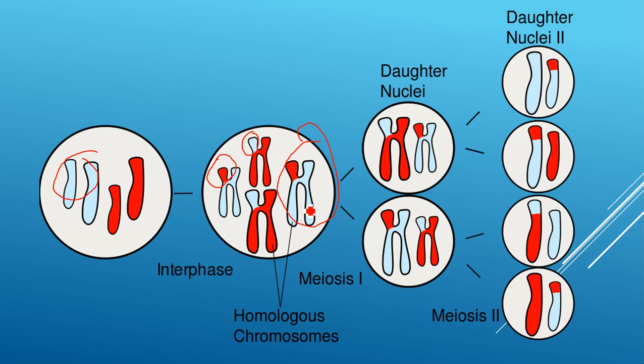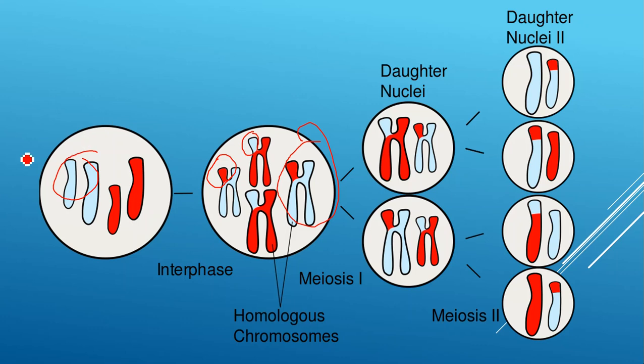But one more special point is here. We call mitosis an equational division because it divides into two equal daughter cells. Here, meiosis is called reductional division. Reductional means reduction in chromosome number.